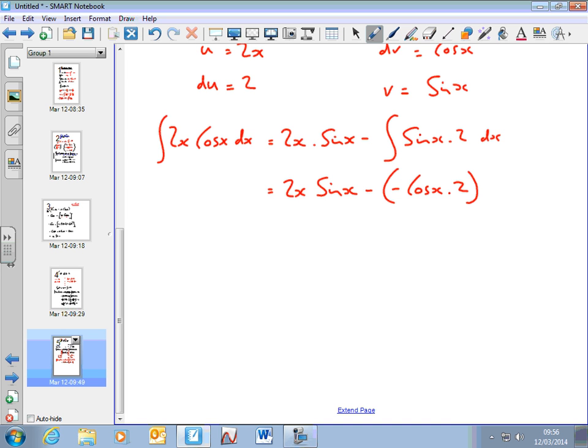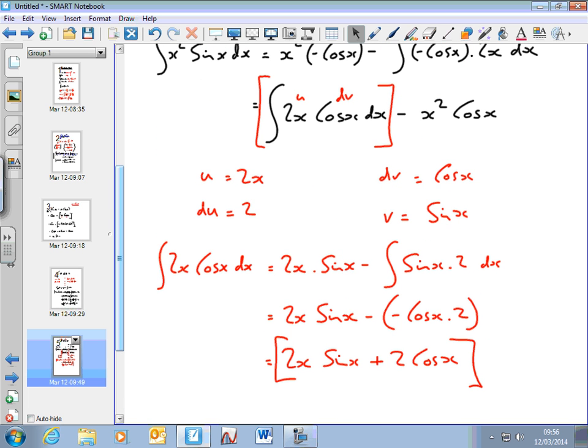Minus minus is plus. 2x sine x plus 2 cos x. But that's the bracket. So that goes back into here. And then we can finish off the overall integral.